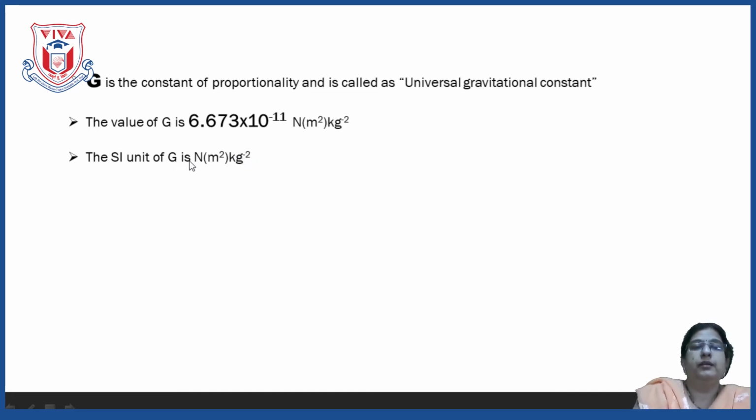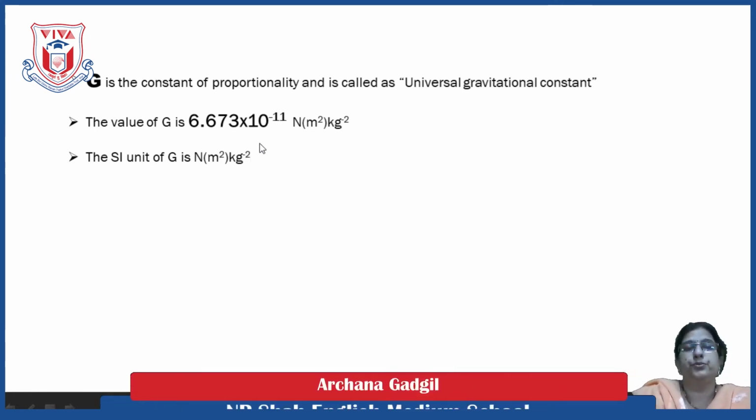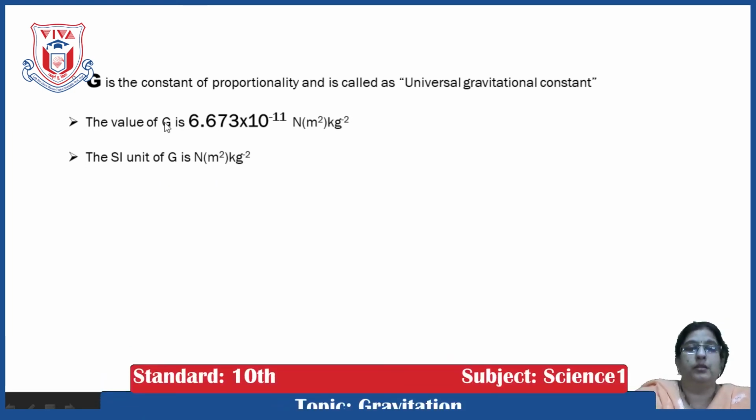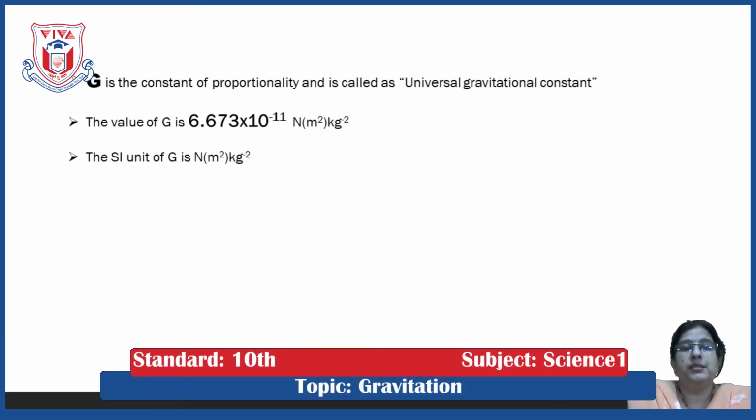So, here the unit of universal gravitational constant is Newton meter square kg raised to minus 2. This is the unit of capital G. Now, what is its value? As it is the universal constant, its value remains the same.